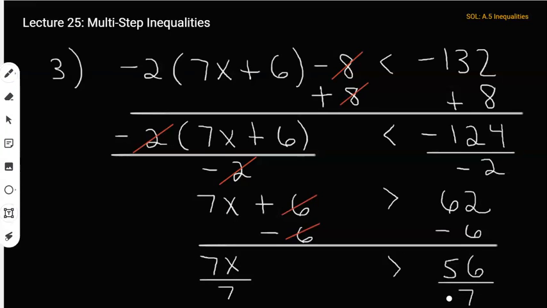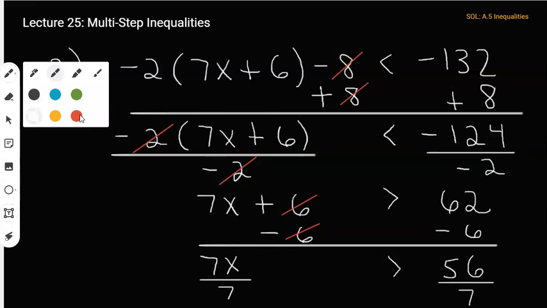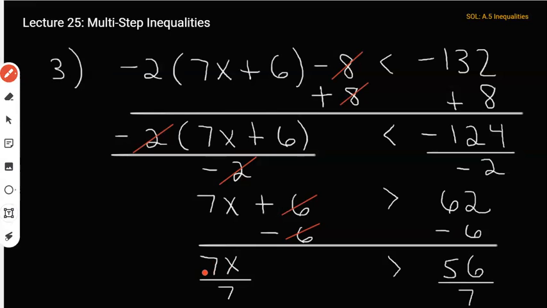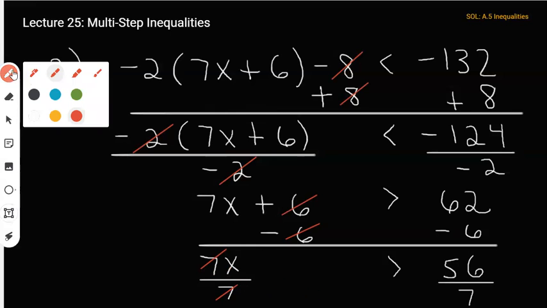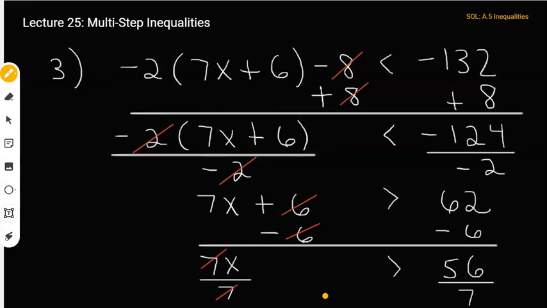I did it a different way, but I still got it. Yeah, you multiplied everything by -2. Yeah, you should get the same answer. So the 7s are going to cancel out. I'm left with x is greater than 8. So this is going to be my answer here.